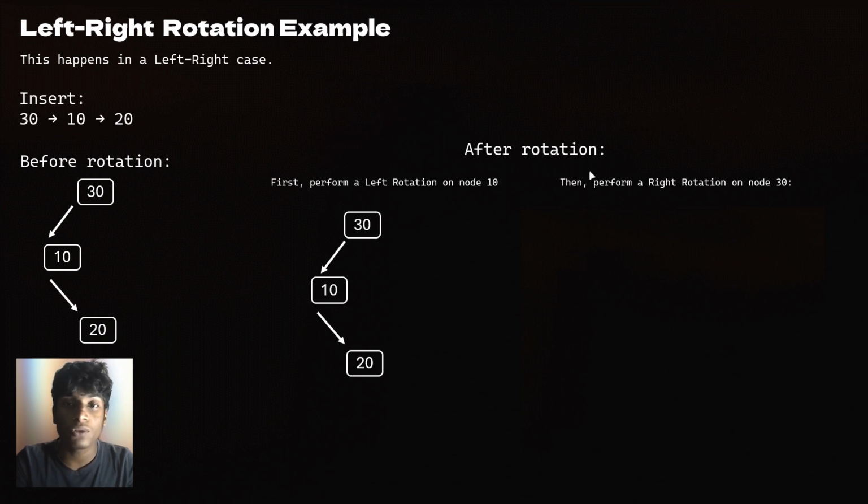Before rotation it looks like this. The 30 is at the top and 10 is on the left and 20 is on the right side of 10. Now we need to balance it using two rotations. First, we perform a left rotation on node 10, which brings 20 up and moves 10 down.